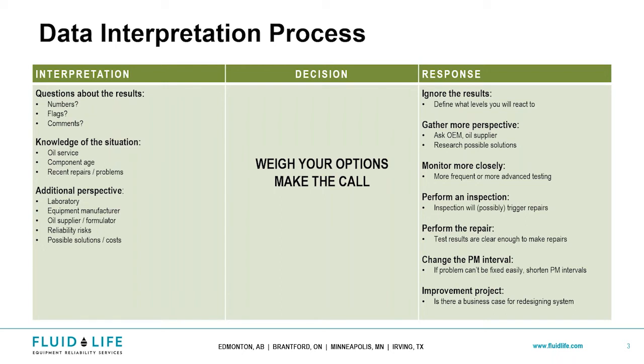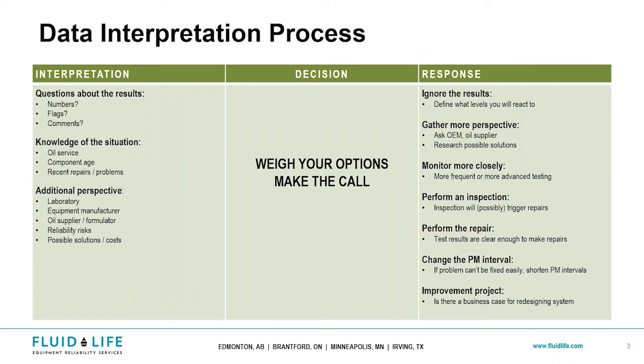So of course, in this process, you can ignore results, depending on the severity, depending on what kind of protocols and SOPs already exist in your infrastructure. But then there are other things you can do. We've already talked about gathering perspective. Then there's the monitoring aspect.